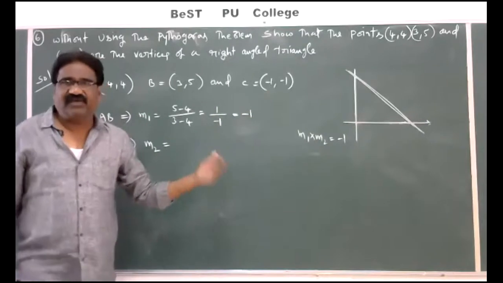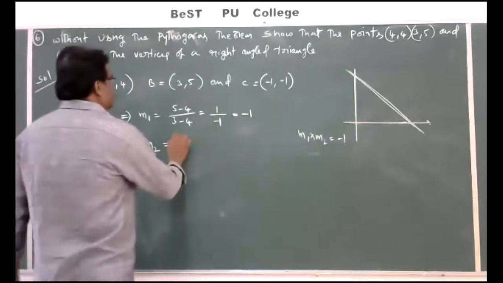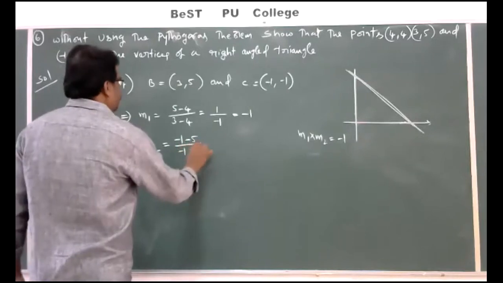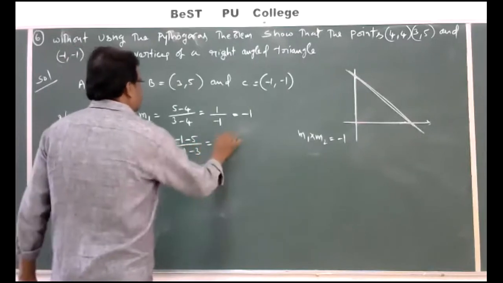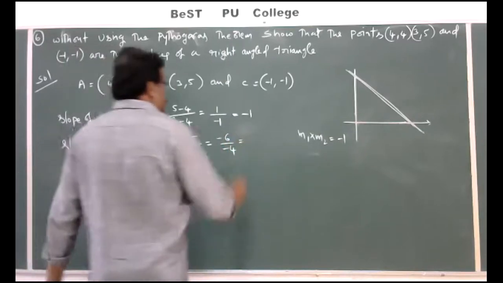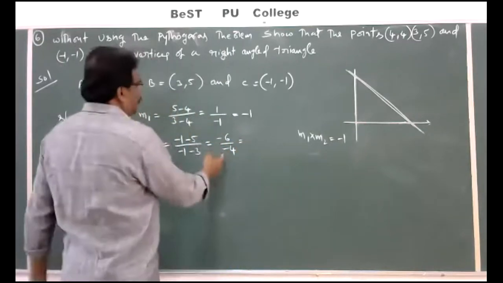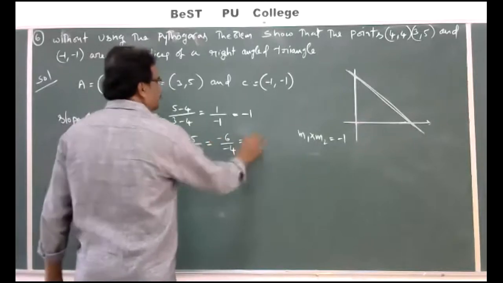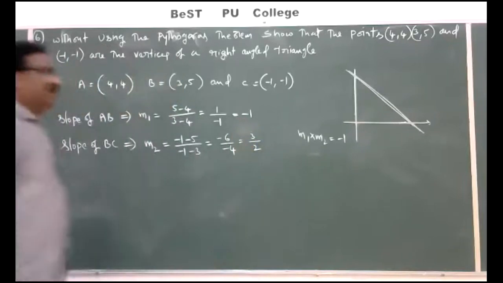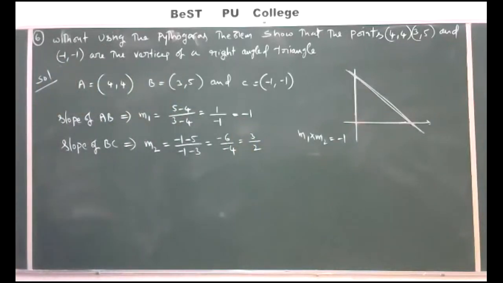Then apply the formula y2 minus y1, that is -1 minus 5, by -1 minus 3, that is -6 by -4. Minus cancels. 2 in 6, 3 times; 2 in 4, 2 times. That is 3 by 2, the slope.